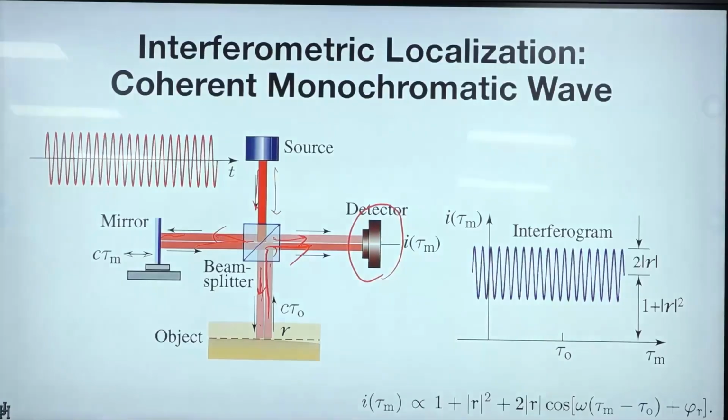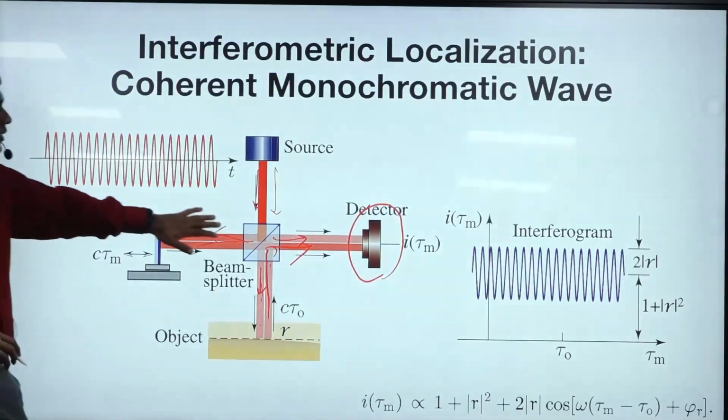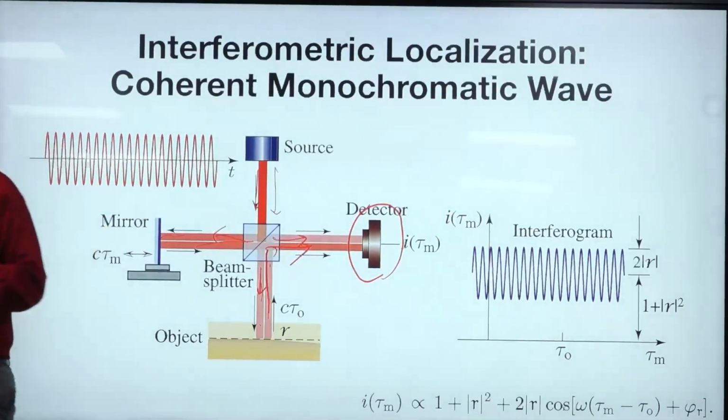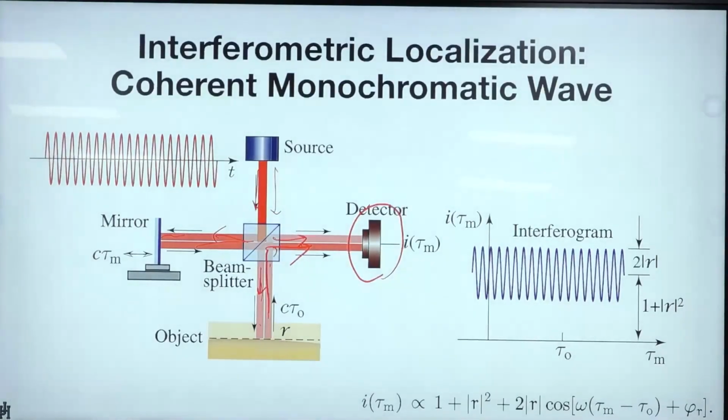You put a detector on this side of the interferometer. This is essentially called a Michelson interferometer. Albert Michelson got a Nobel Prize in the early 1900s for inventing this approach.